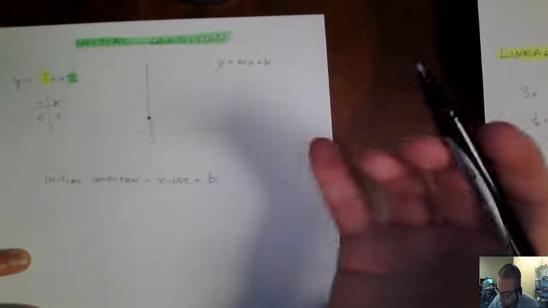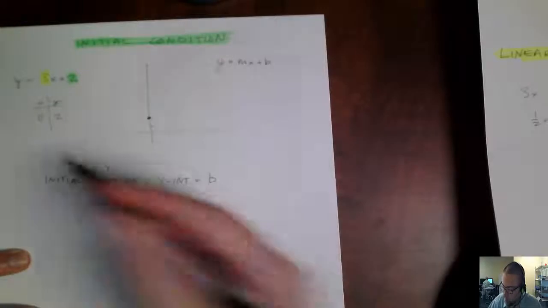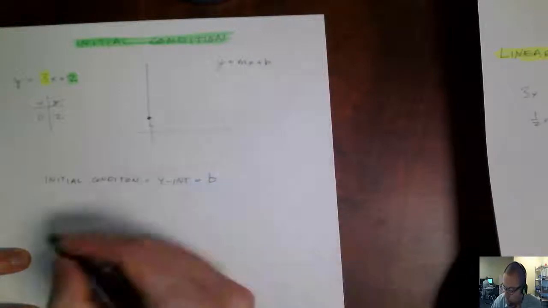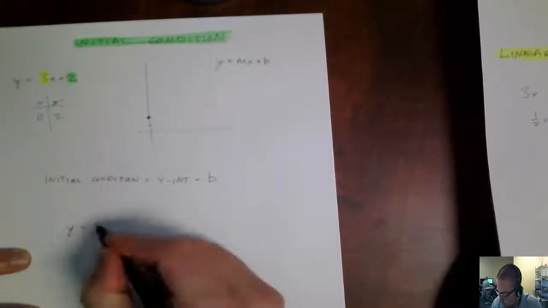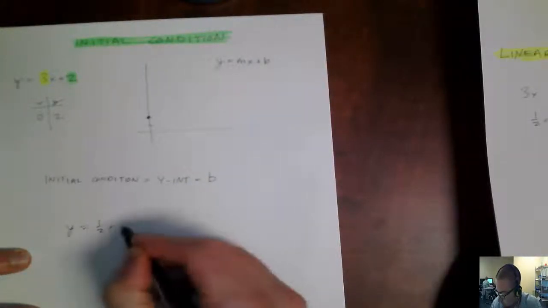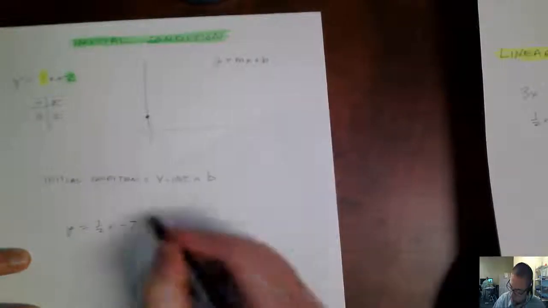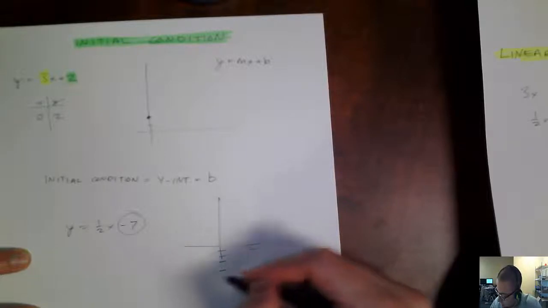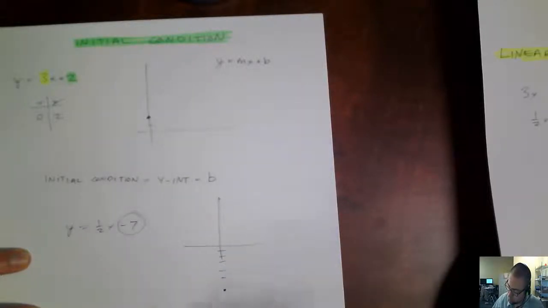So that's it, basically. You plug in 0 for x and you find out what the value of y is, and that's going to be your y-intercept. And anytime you see anything, y equals 1/2 x minus 7, I can look at that and say right away it's going to cross the y-axis at -7.